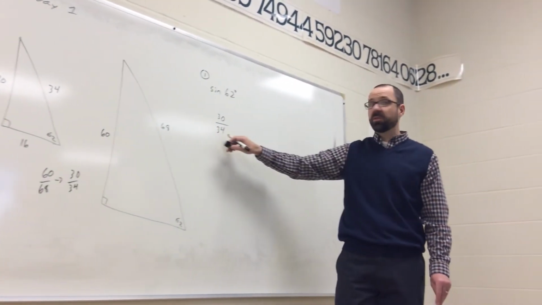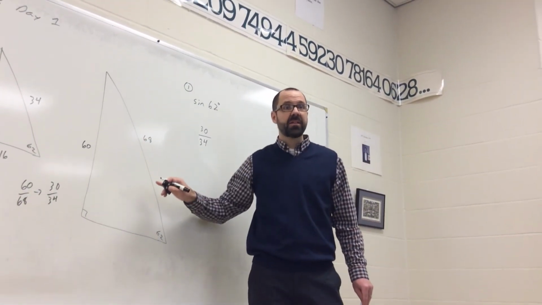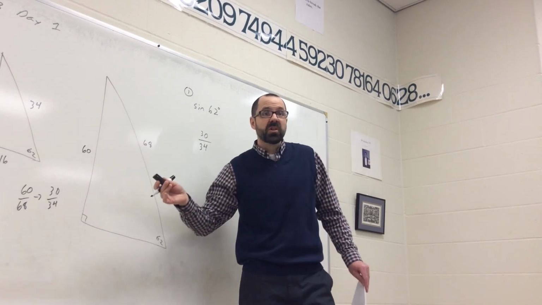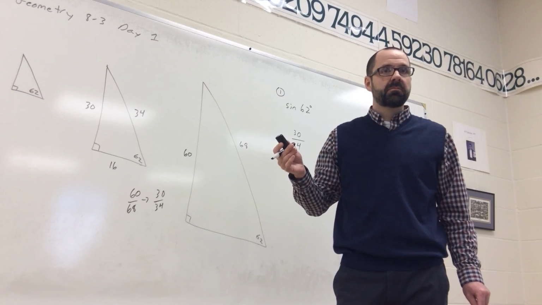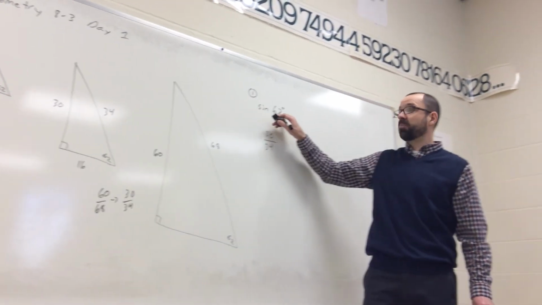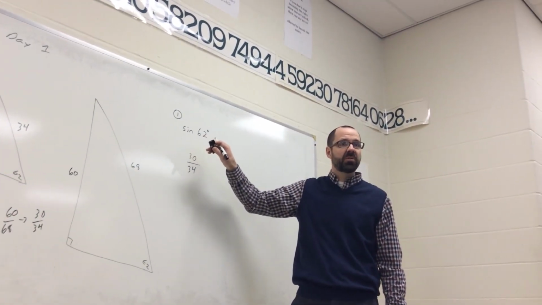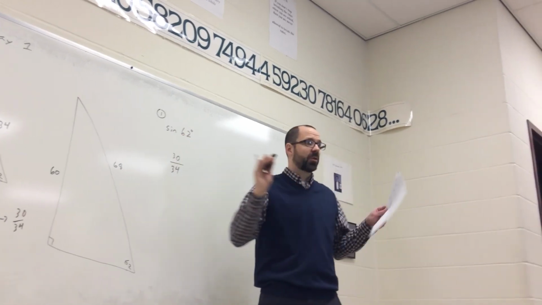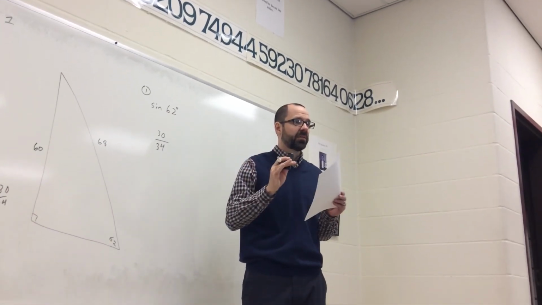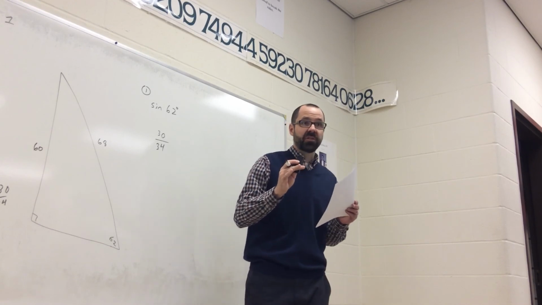So that's why we don't care which triangle we look at. They're all similar, so all the fractions are going to be equal. They're not saying how big the triangle is because they don't need to. The sine of 62 is going to be the same fraction no matter what size the triangle is, because all these triangles are similar.